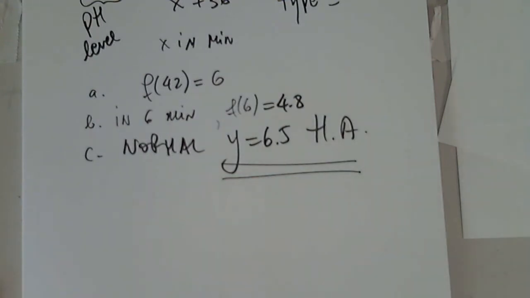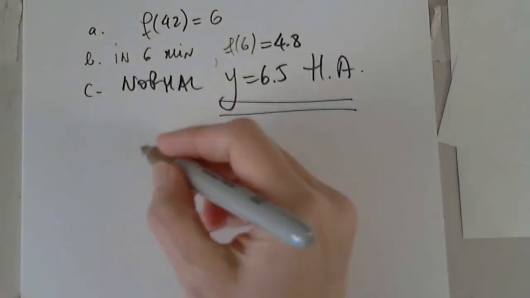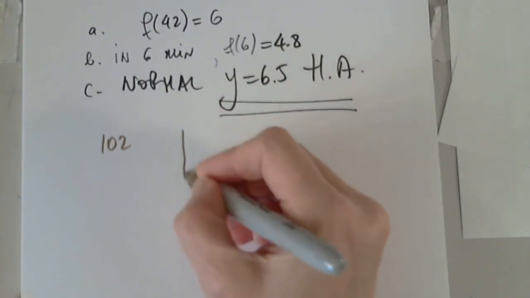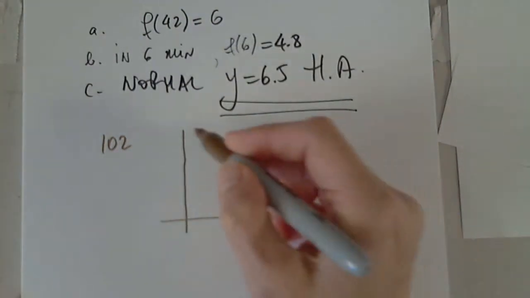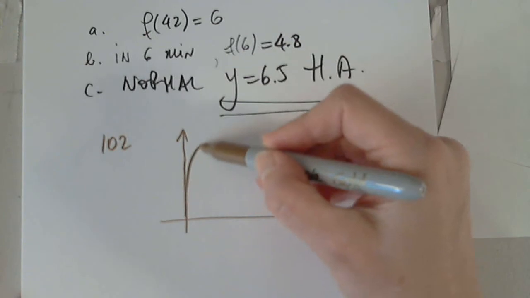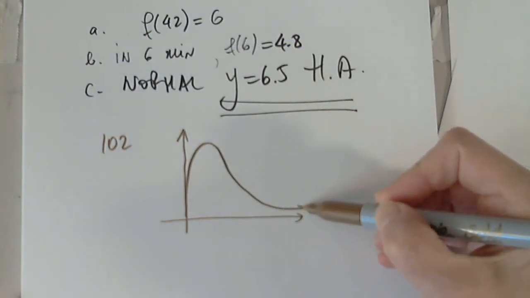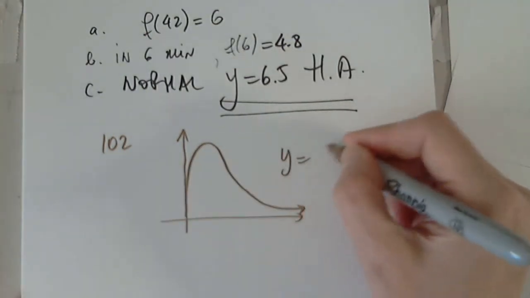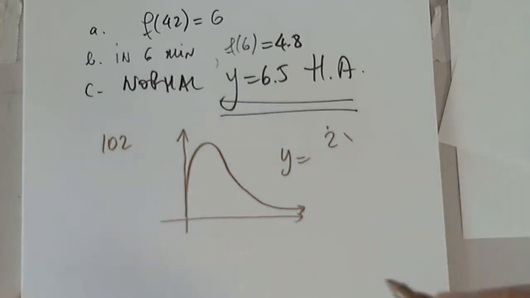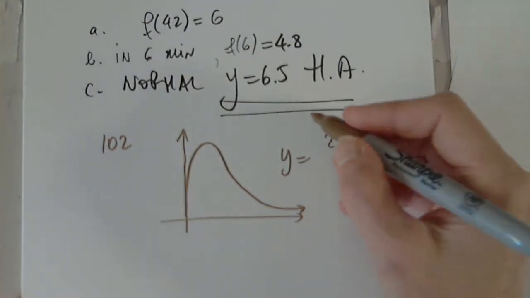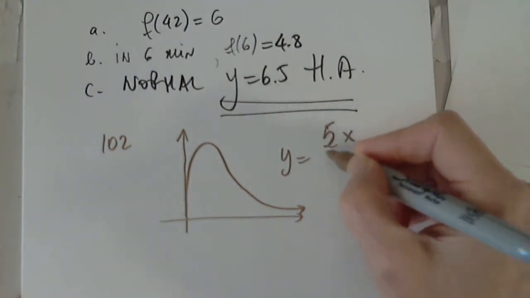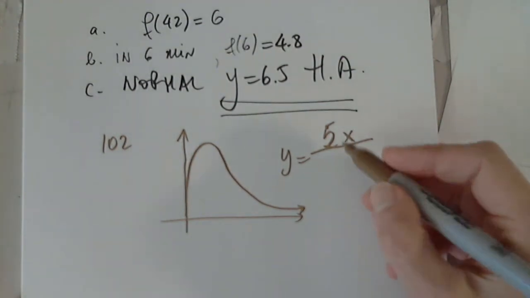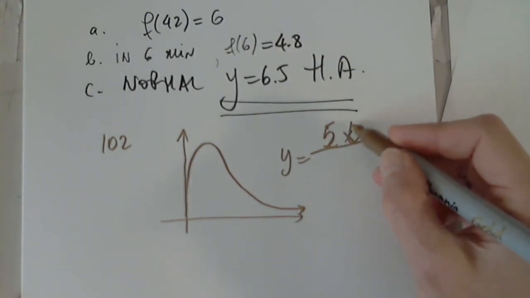Also, I would like to look at 102. And here's the graph for 102, and we have the function, and you'll tell me what type of function this is. I think it's 5, isn't it? I think it's 5x over 5t.